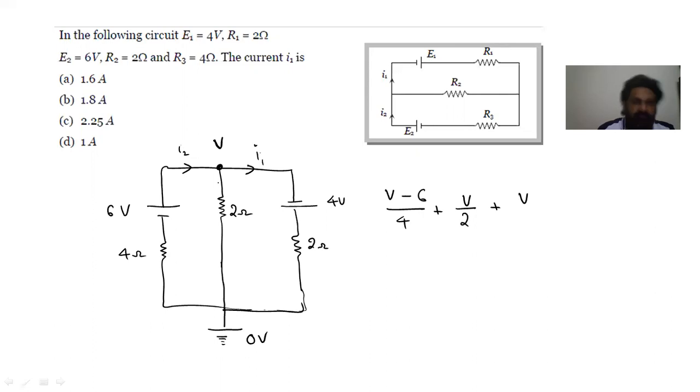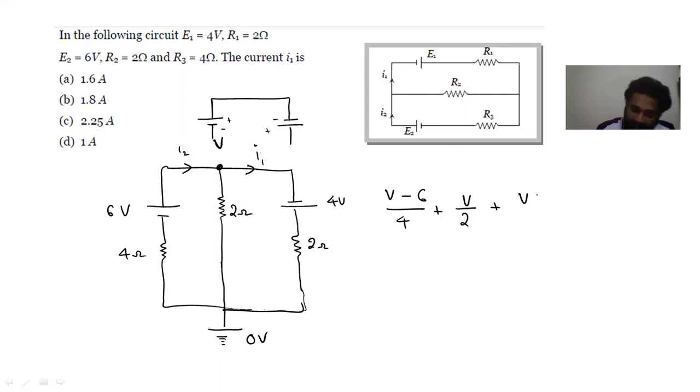Now this V I have considered positive. If I consider this polarity with this 4 volt, minus and plus are in the same direction.